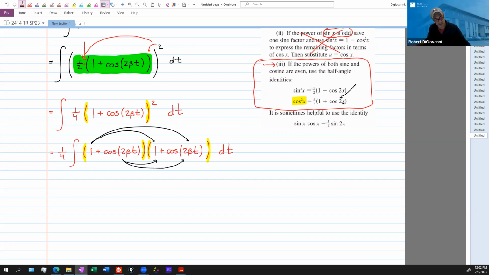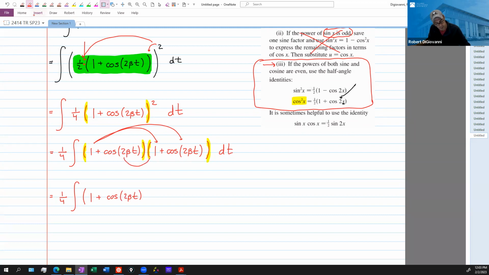So here, I'm going to do that now. Foil it out, expand it. 1/4 integral. All right, so 1 times 1 is 1. That's my first multiplication. Let me go a little slower here. Then 1 times cosine of 2 beta t, which is cosine of 2 beta t.